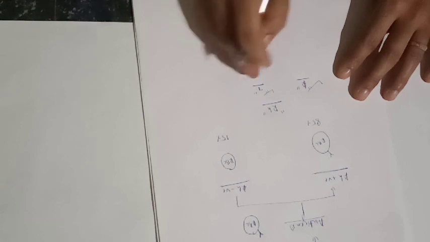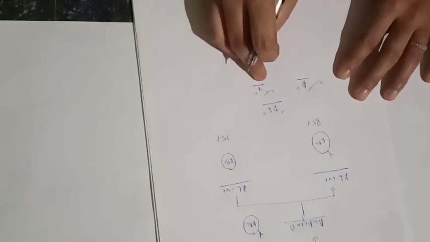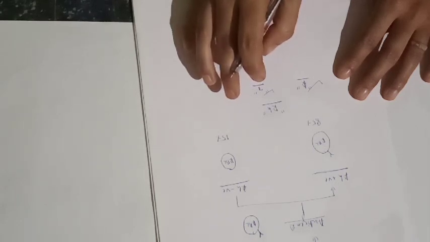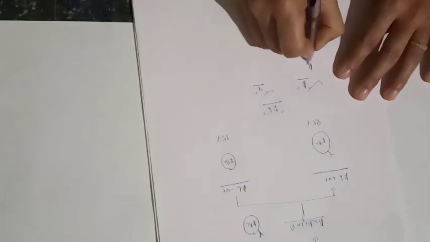Small r is the recessive allele which does not produce antigen D. Clear for you? Understood?